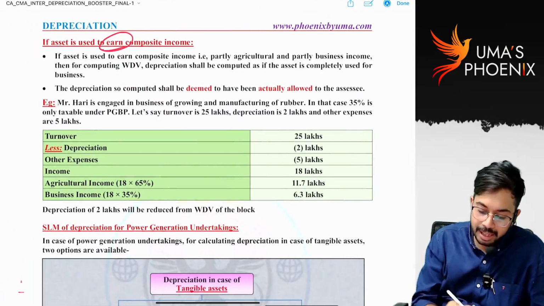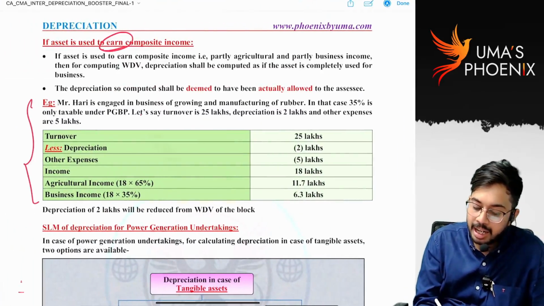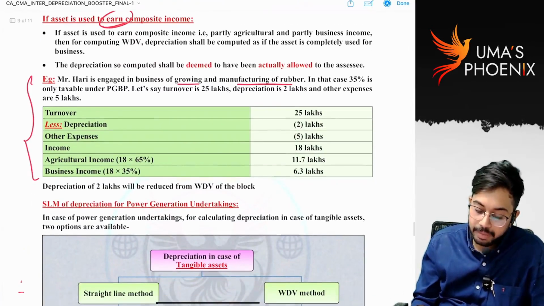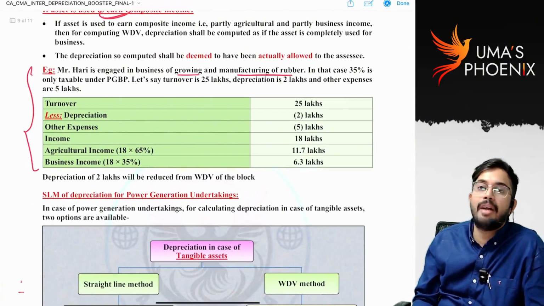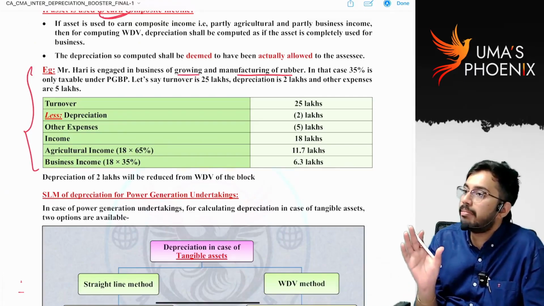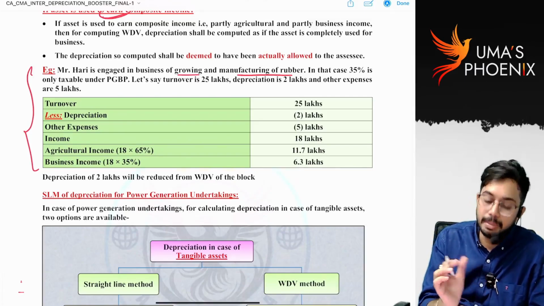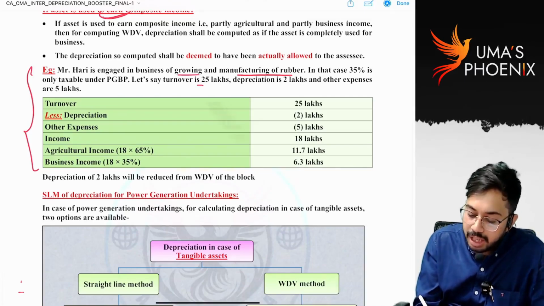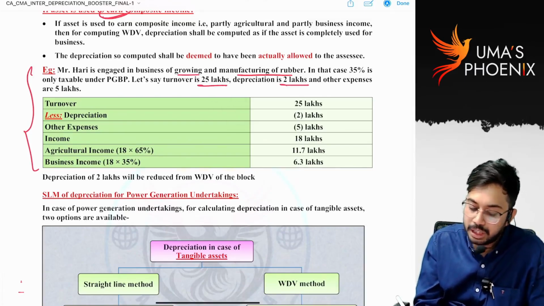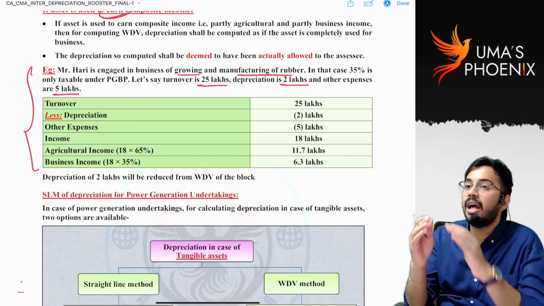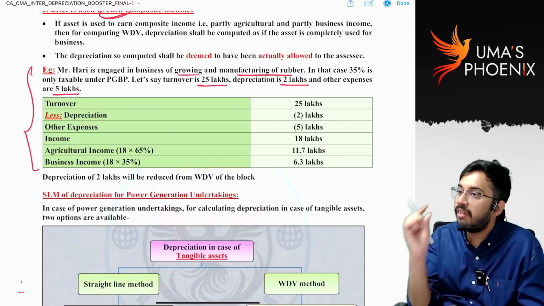You can read this example. Here Hari is engaged in the business of growing and manufacturing of rubber. You know, right, in case of growing and manufacturing of rubber, whatever income comes, 65% is agriculture income, 35% is business income. So turnover is 25 lakhs, depreciation is 2 lakhs, and other expenses are 15 lakhs. Do we divide agriculture and business at revenue level?